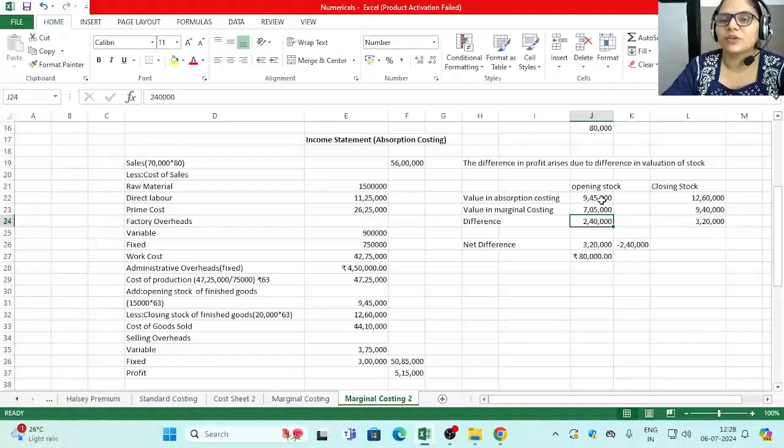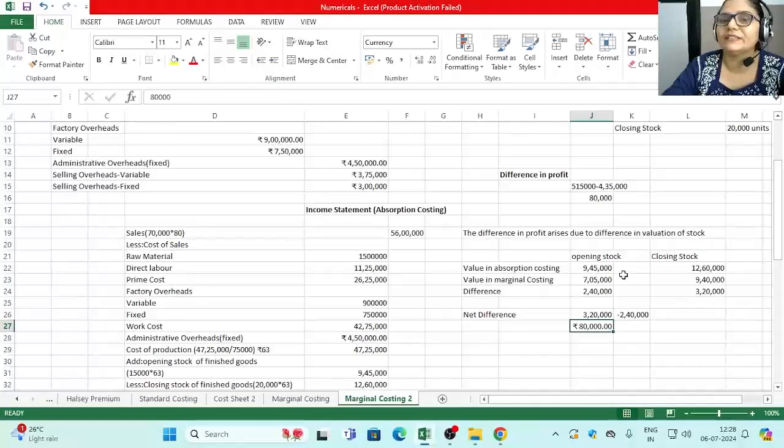Value in absorption costing of opening stock is 9,45,000. Value in marginal costing of opening stock is 7,05,000. In case of closing stock, value in absorption costing is 12,60,000. Value in marginal costing is 9,40,000. So the net difference between opening and closing stock in both cases comes out to be 80,000, and the same difference you can find in case of profit.